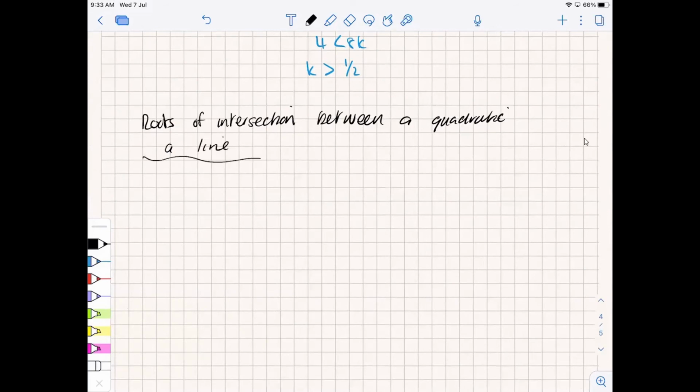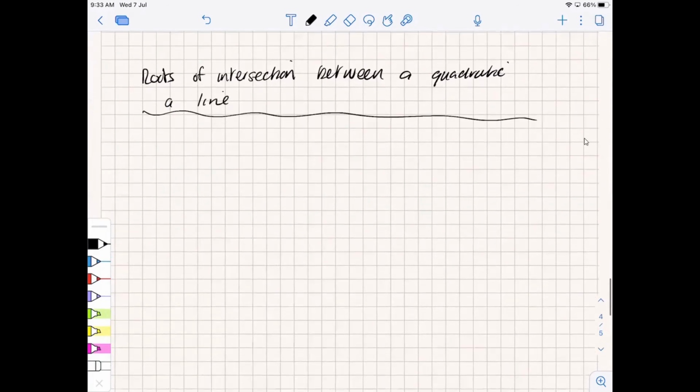Later on we will look at examples of more complicated things, but for now we're just going to look at the solutions of these two, because they are very unique, as we can once again use this discriminant idea. Now, who can tell me what are the roots of intersection? What is this whole thing that I'm talking about?